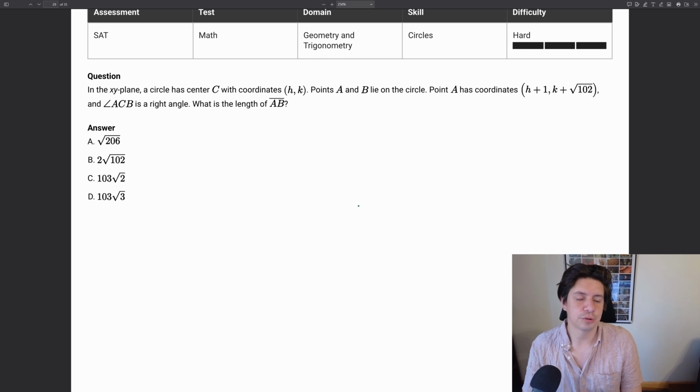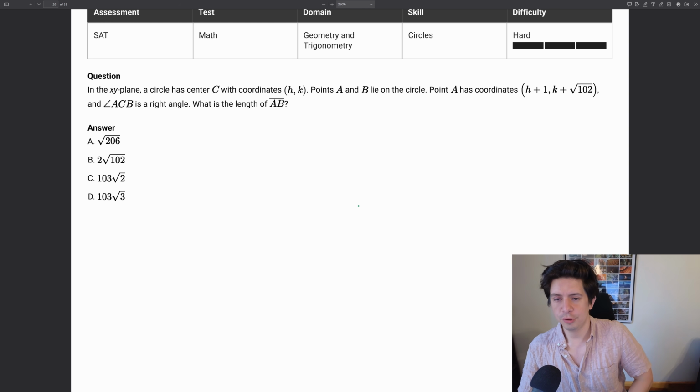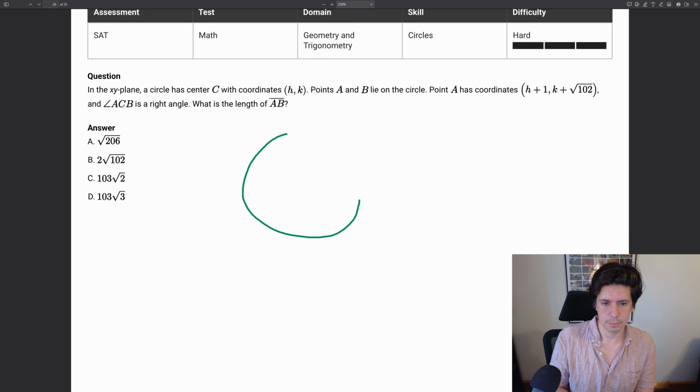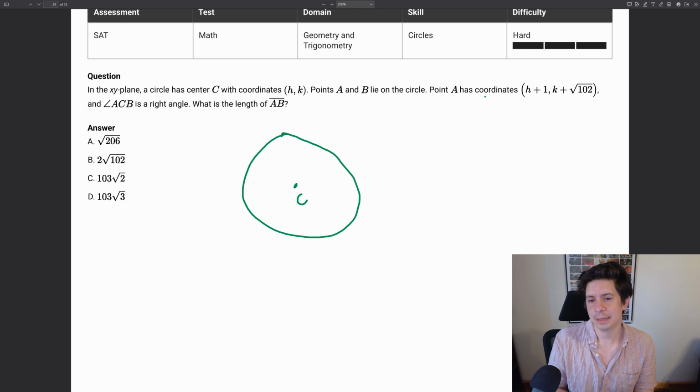In the xy plane, a circle has center C with coordinates (h, k). Points A and B lie on the circle. Point A has coordinates (h + 1, k + root 102), and angle ACB is a right angle. What is the length of AB? So you have center C at (h, k), and point A, you're adding 1 to this, and you're adding root 102, and it lies on the circle.